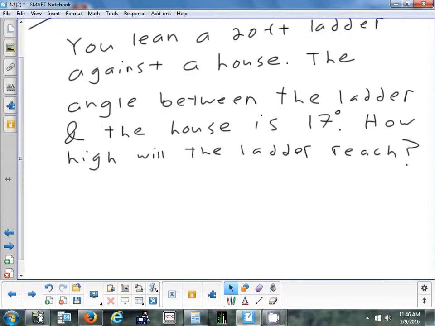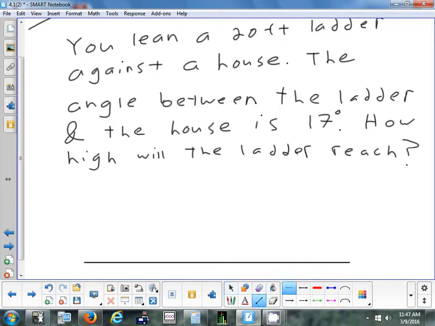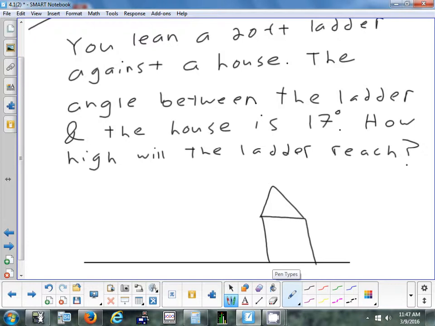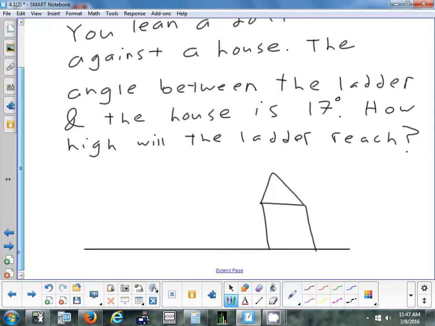And the house needs to be sitting on what? The ground. Okay, so let's put in the ground. Draw our house. That's really good. Okay, and we've got a 20-foot ladder leaning against that house. Okay, about like that.